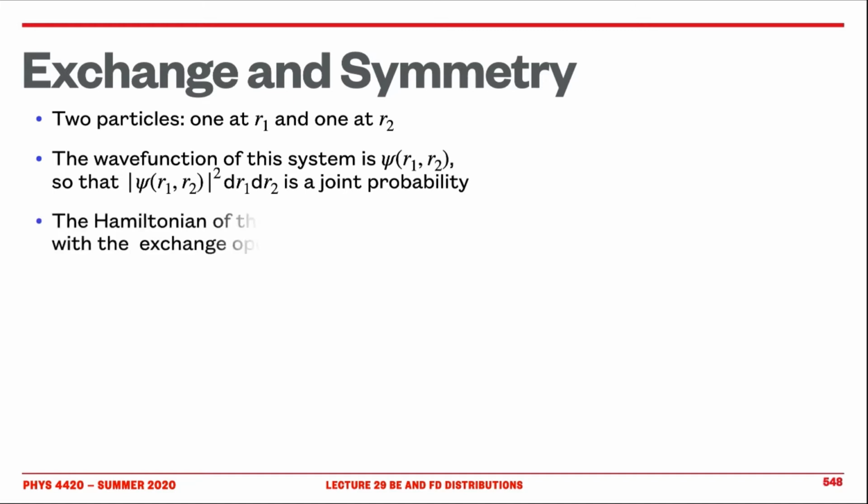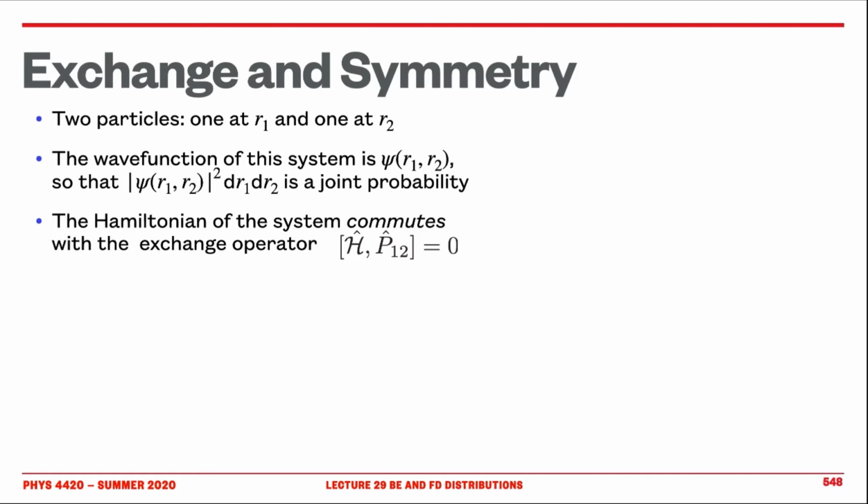In any case, now what we want to do is to see what happens if those particles are the same. So if the particles are the same, let's say 2 electrons or 2 photons, there is no way to say which one is which. They are basically indistinguishable, so if we exchange them, we expect that all the physics will be the same.